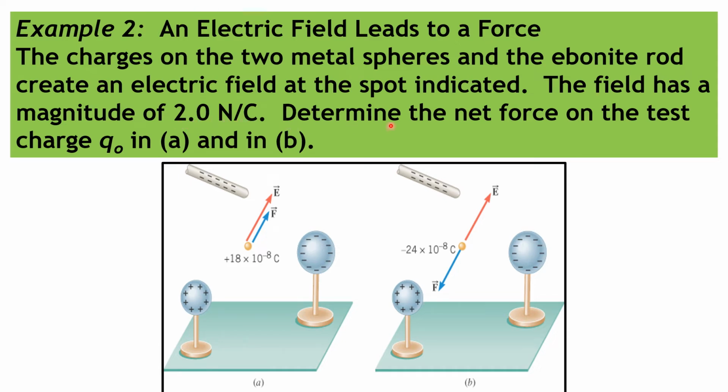The question is: determine the net force on the test charge Q naught in case A as well as in case B. Case A is such that the given test charge Q naught is positive, while in case B the test charge is negative and also has a greater value for its charge. We shall look at the solution in the next slide.